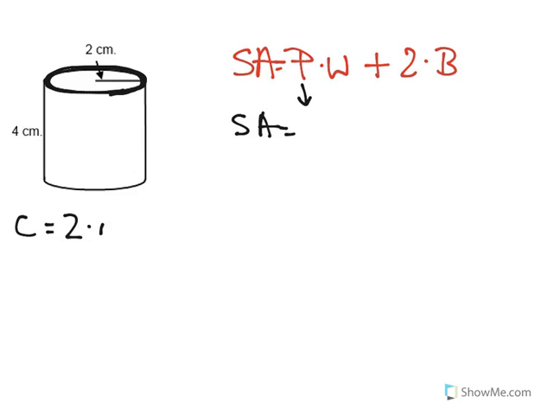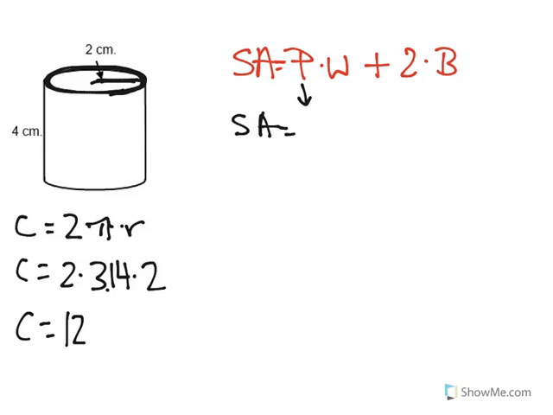I'll stick with radius. 2 times pi times r. So what's my circumference? 2 times 3.14 times my radius, and in this case my radius is 2. 2 times pi times 2. 12.56. So I'll come back up and put in 12.56 times. What's the width or the depth of this? 4.